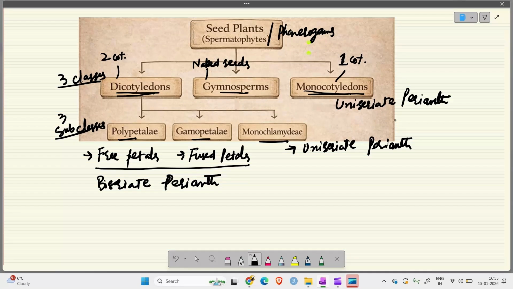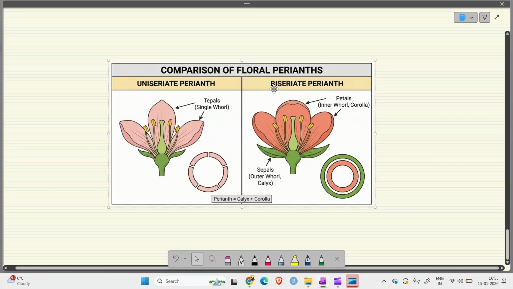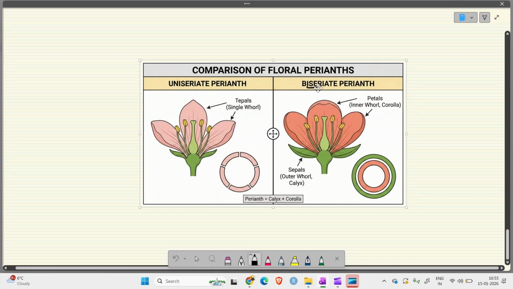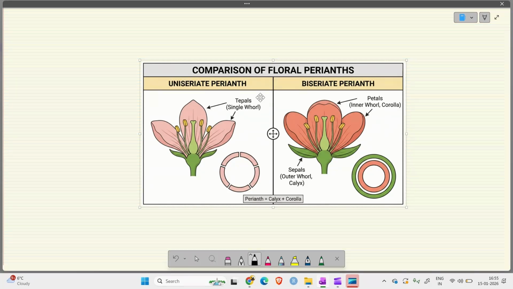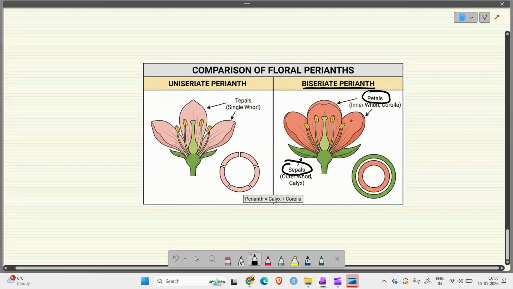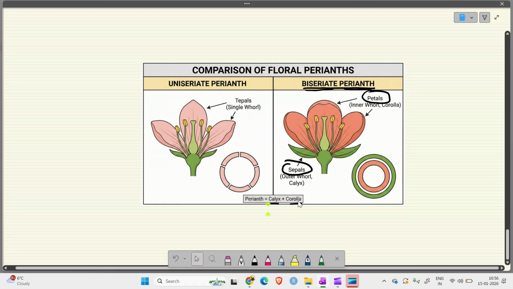Okay, what do we mean by uniseriate perianth actually? Let us have a look at this figure here. If you see on the right side, biseriate perianth means it's a flower which has distinct sepals and petals. The sepals and petals are distinguished, and that's why it is called biseriate. Perianth means calyx plus corolla, that means sepals and petals together are called the perianth.